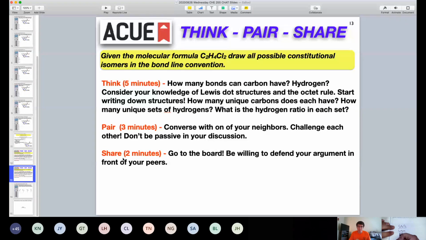So we're given N equals 2. So if the molecule were fully saturated, it should be that. And we said that halogens will add to the hydrogen count, right? We have 2 chlorines.